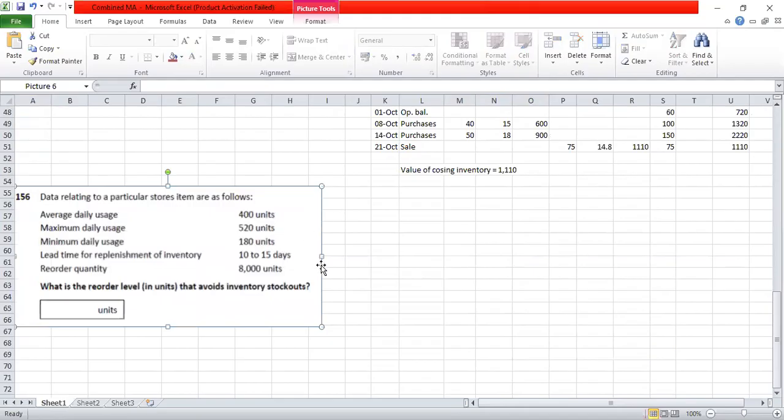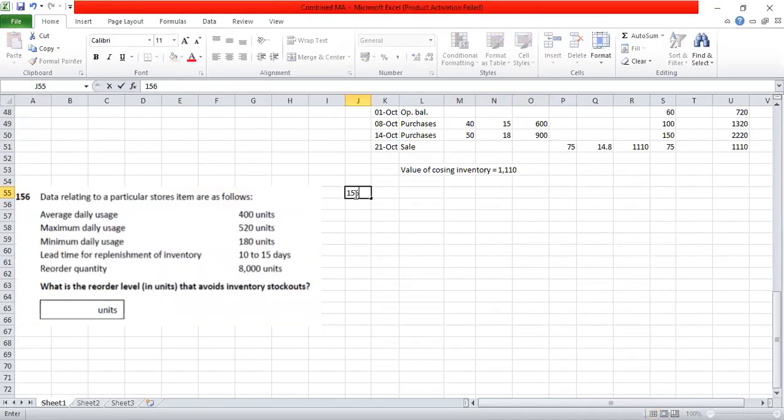Question number 156, it says that data relating to a particular stored item are as follows. We have average daily usage, maximum daily usage, minimum daily usage, lead time for replenishment of inventory, order quantity is 8,000 units. What is the reorder level that avoids inventory stock out?